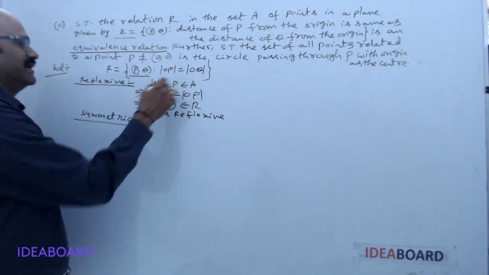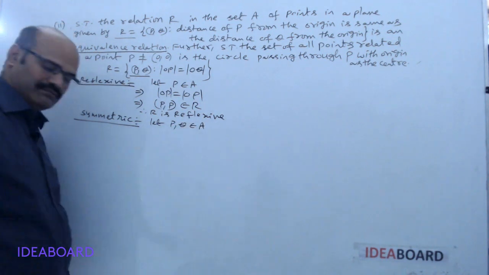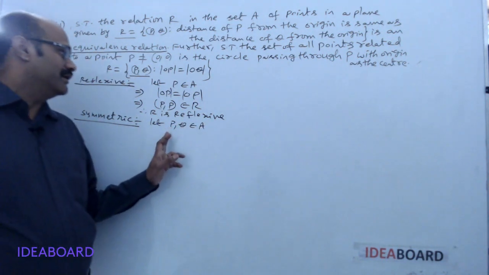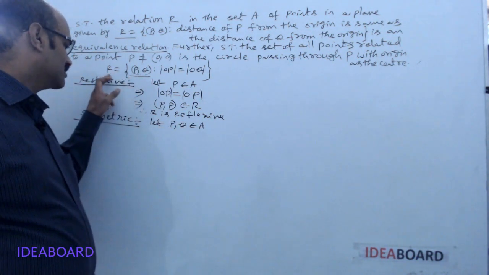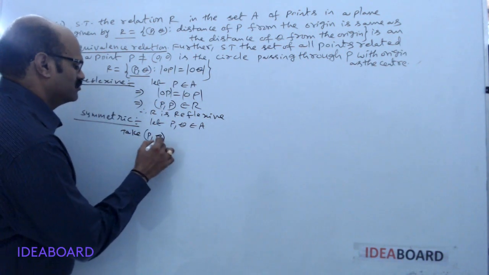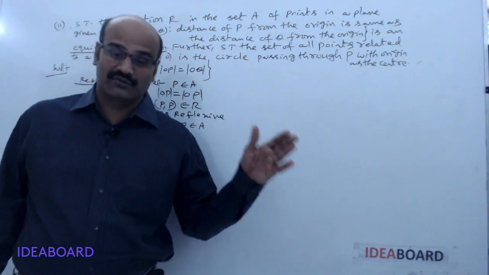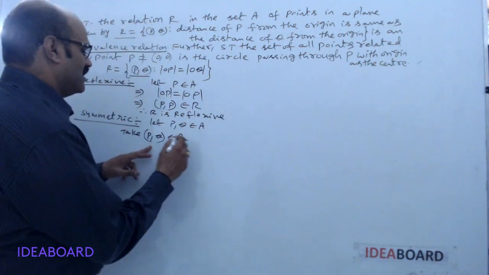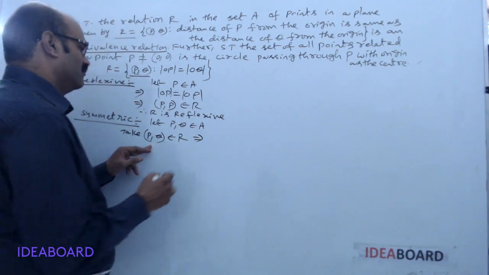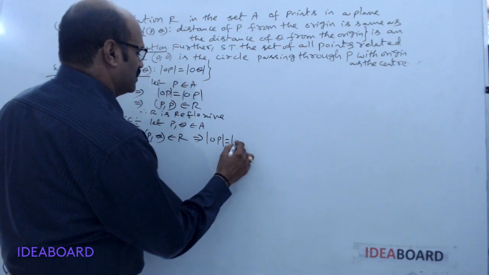Take two points in the set A. Let P, Q belong to A. Now, take (P, Q) belongs to R. Now we have to prove that (Q, P) belongs to R. (P, Q) belongs to R means |OP| equal to |OQ|.